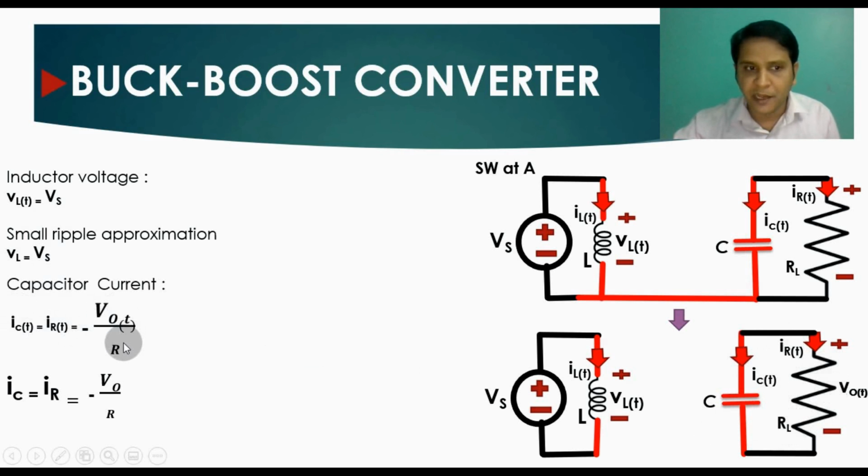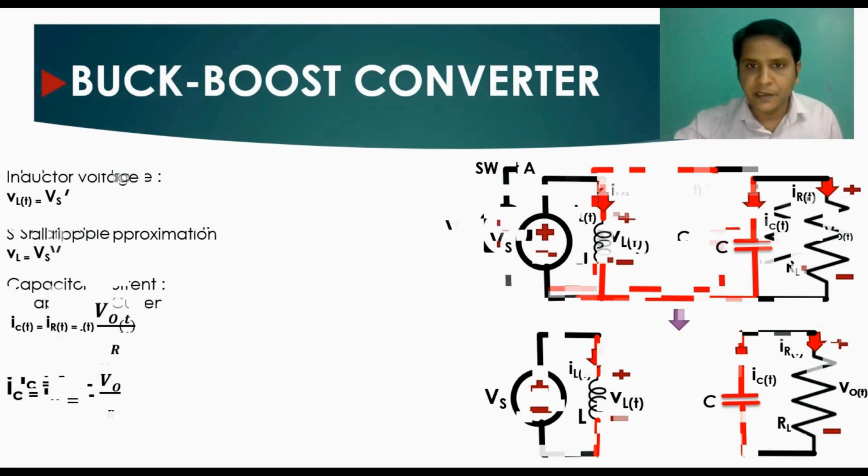If you apply the small ripple approximation, your capacitor current is given by minus Vo divided by R. So when your switch is at position A, the voltage across the inductor is VL equals Vs and the capacitor current is IC equals minus Vo divided by R.